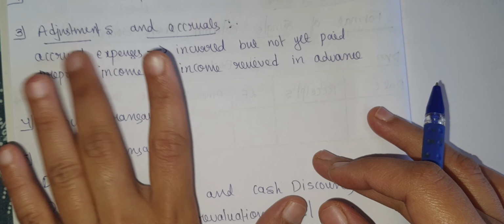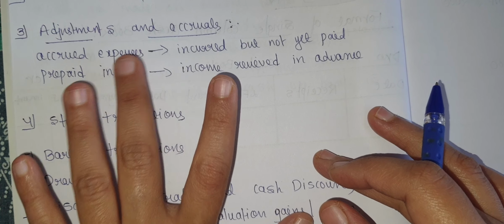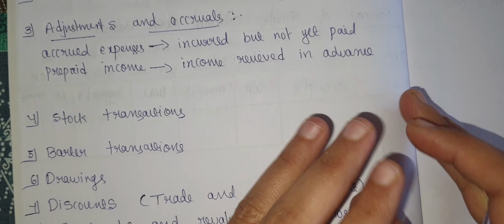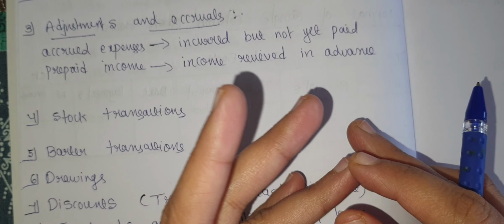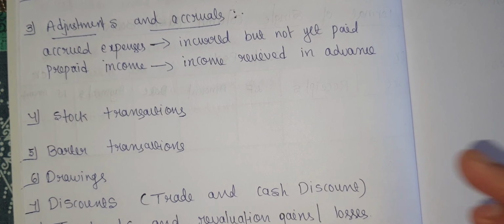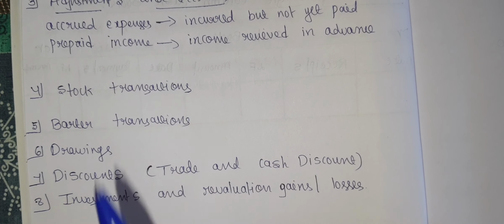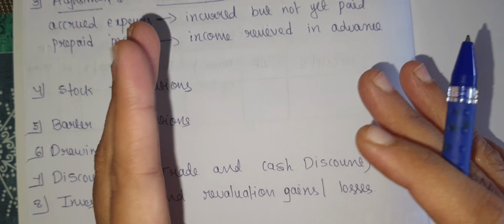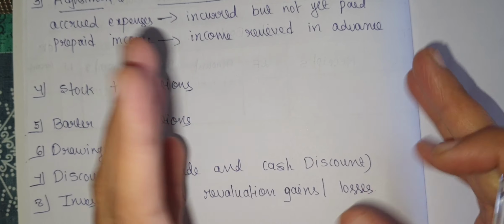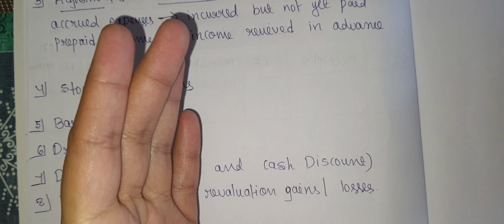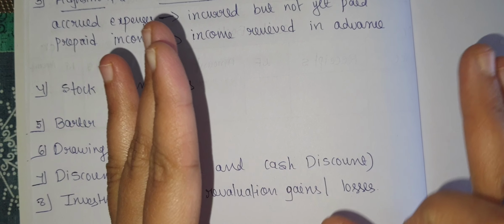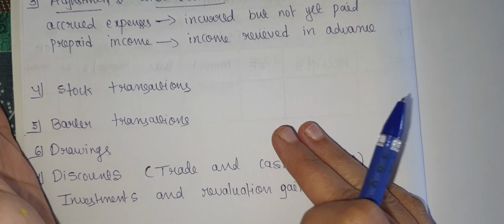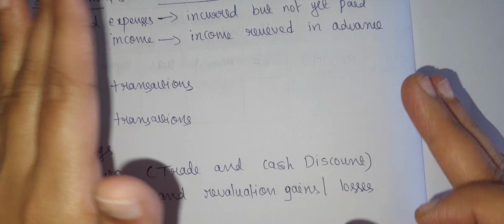So the adjustments and accruals, that is accrued expenses and prepaid incomes, they are also not part of the cash book. Credit transactions, non-cash expenses and adjustments and accruals. And fourth one, that is stock transactions. It means movement of inventory such as internal transfers or stock adjustments are not recorded.